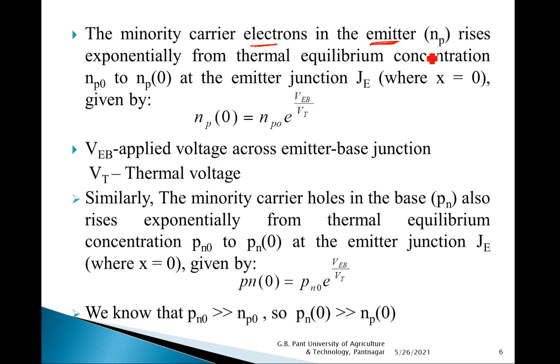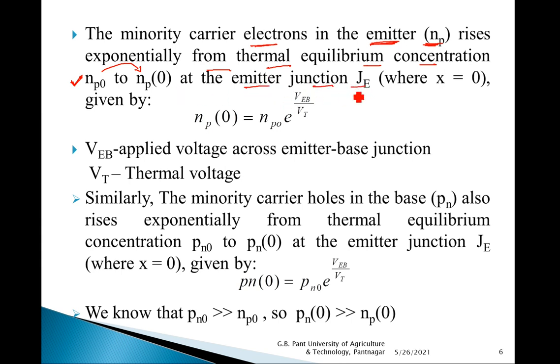The minority carrier electrons on the emitter side, which is represented by Np, rise exponentially from the thermal equilibrium concentration. Suppose the value of the minority charge carriers on the P side during thermal equilibrium is Np0; now it increases to another value, that is Np0 in brackets, at this emitter junction.